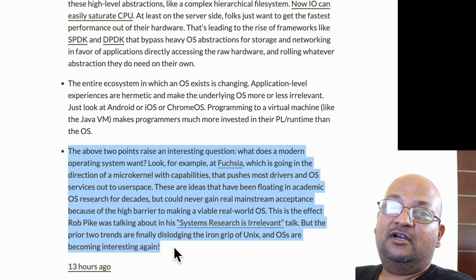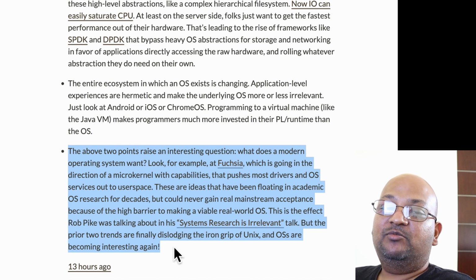If you look at Fuchsia, for example, it's going towards a microkernel-like architecture with capabilities, where there's a very small kernel guarding hardware access, but then almost all the services that traditionally lived in the kernel are pushed out to user space. Now, the idea of microkernels and capabilities are not new ideas.